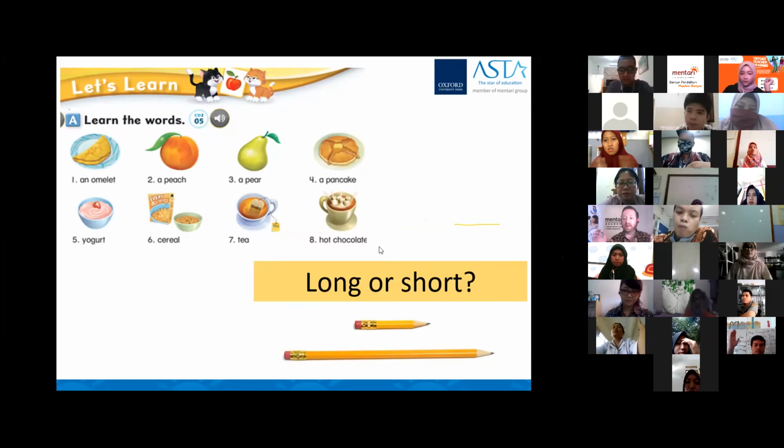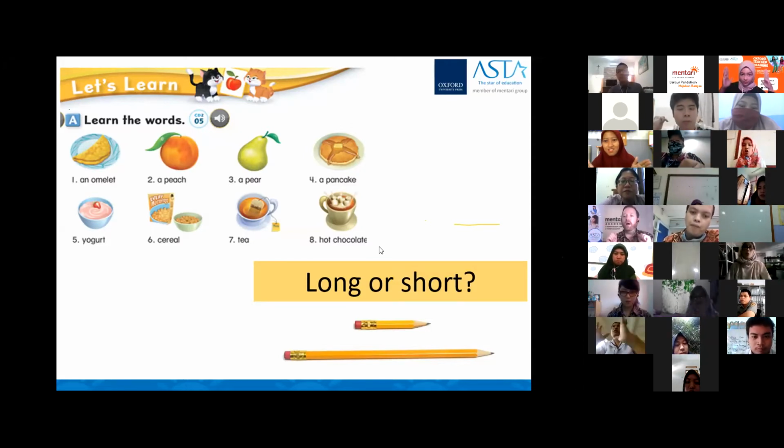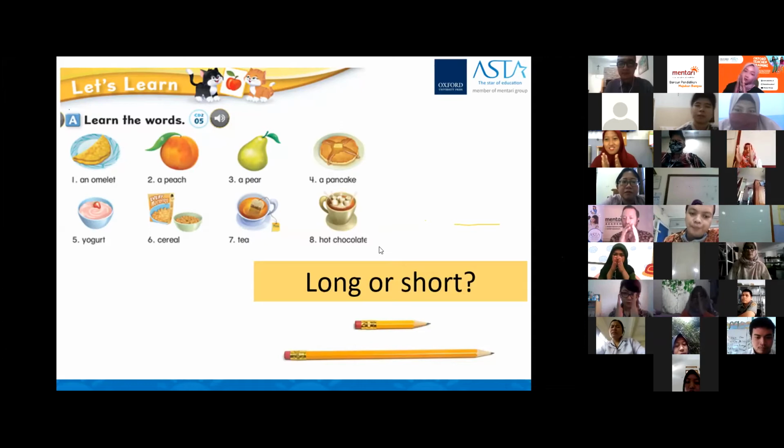E is short. Good. What about A? Short. What about A? Long. What about O? Long. Good. And Ah. Ah is short.